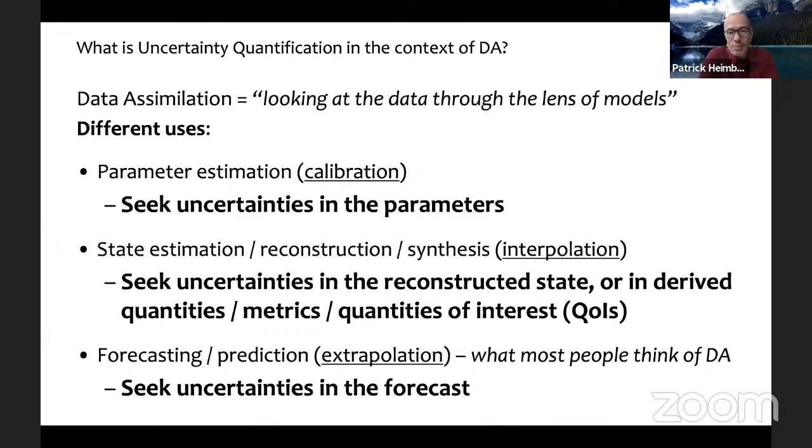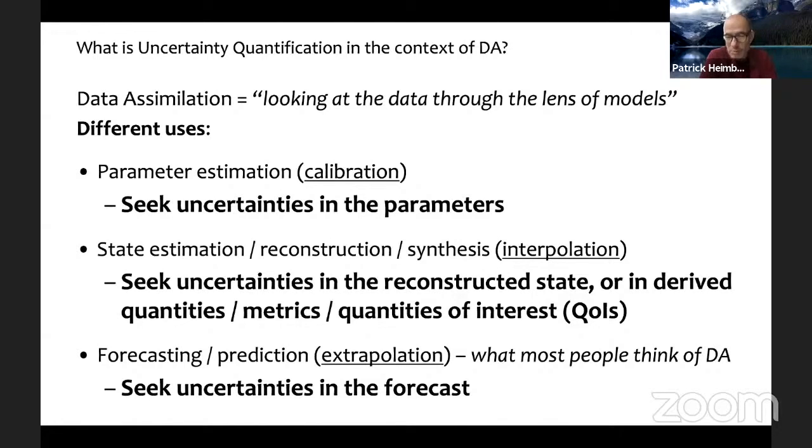One is data assimilation for the purpose of parameter estimation, or you could call this a calibration problem. Here we try to quantify the uncertainties in the parameters that you are calibrating. The state estimation, reconstruction or synthesis problem is considered an interpolation problem, where you seek the uncertainties in the reconstructed state.